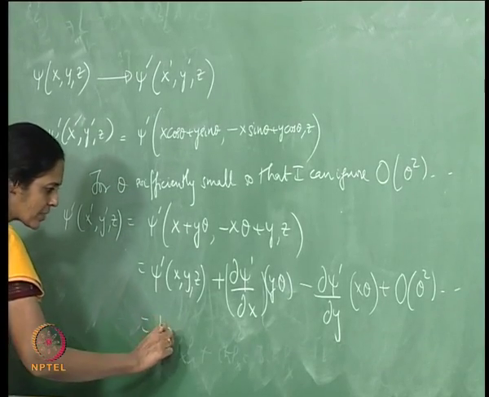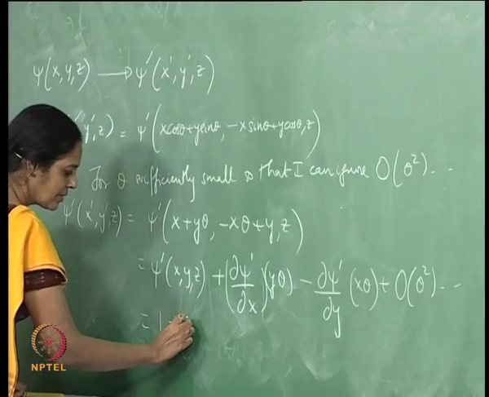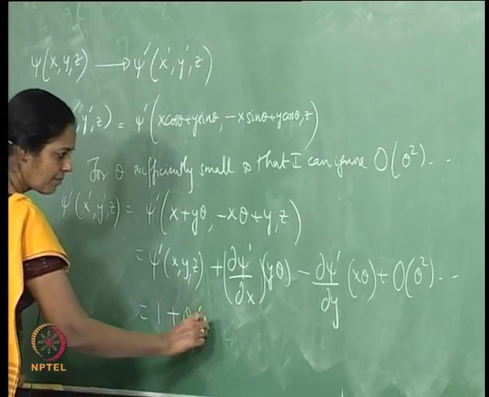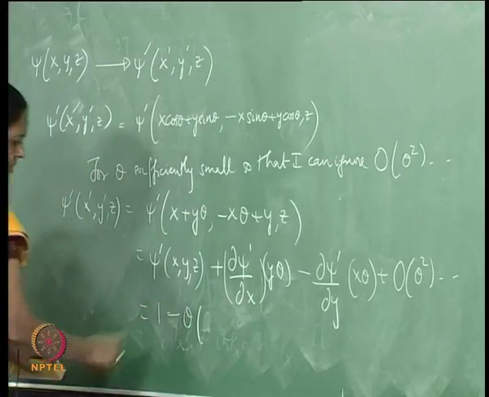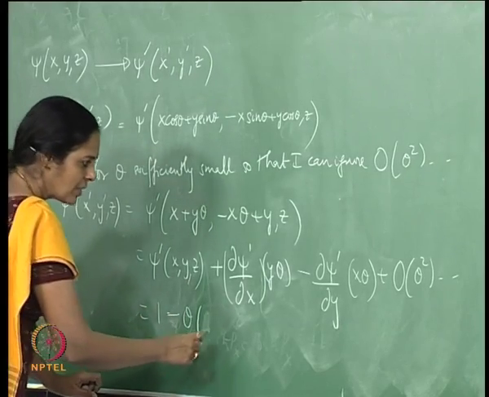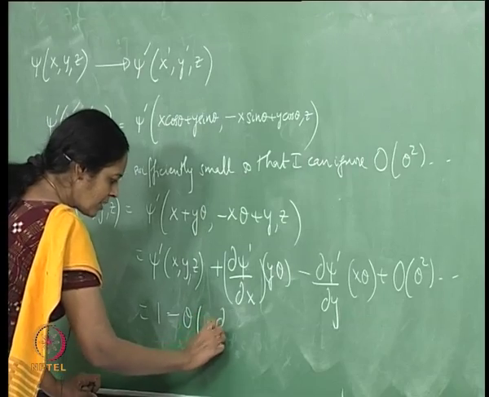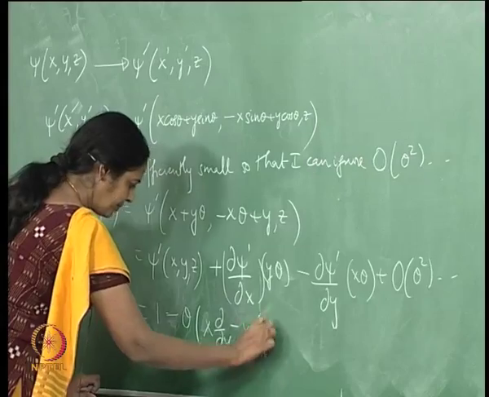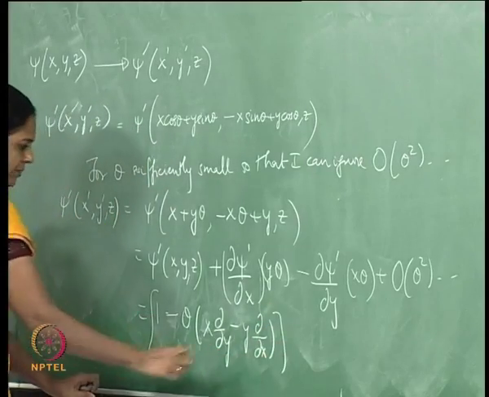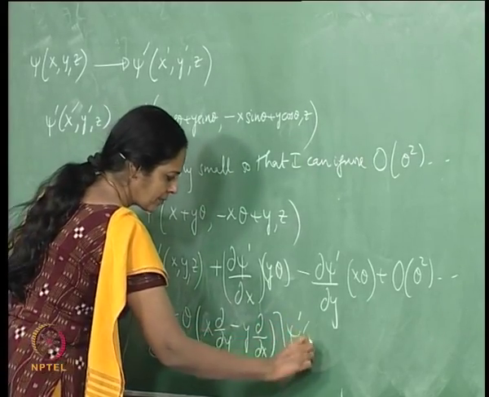Well, I can write this as 1 minus theta times x delta by delta y minus y delta by delta x, acting on psi prime of x, y, z.